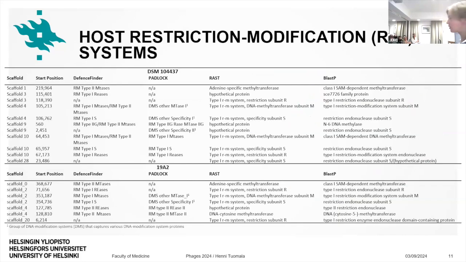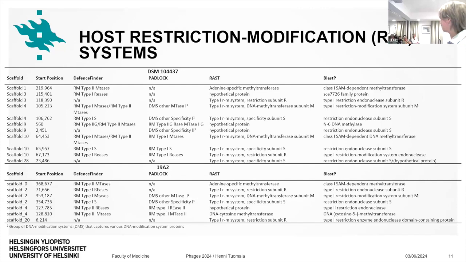I then took a closer look: we sequenced both host strains and studied the phage resistance mechanisms in both, and we found a different number of genes related to the RM systems in the hosts. That's the main message of this massive table.